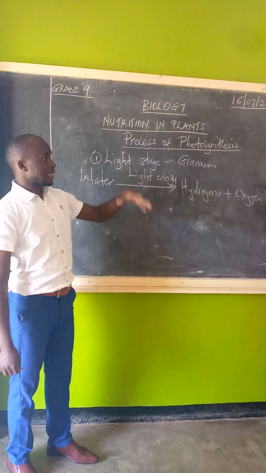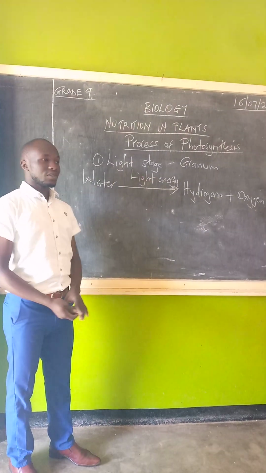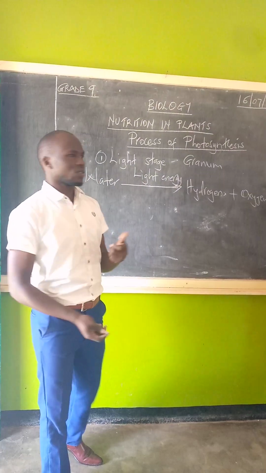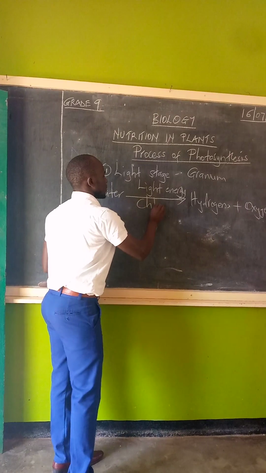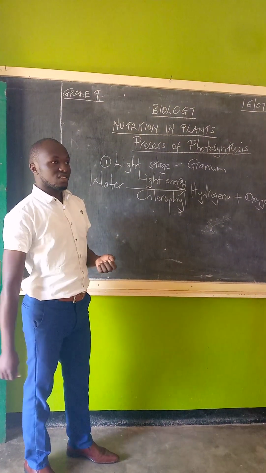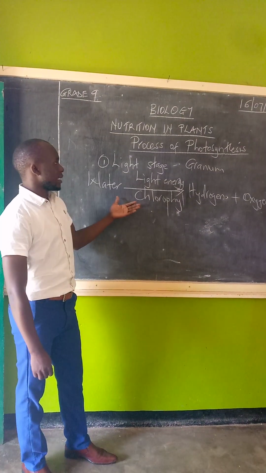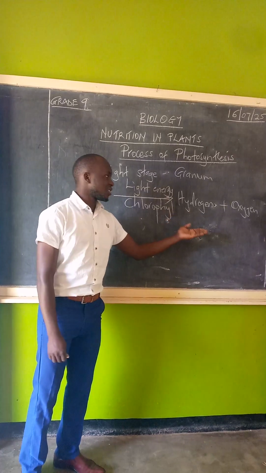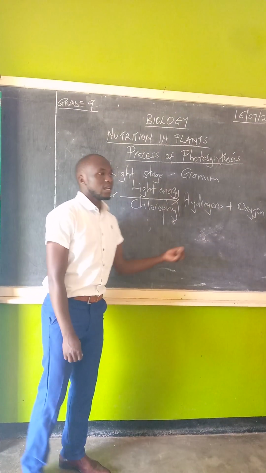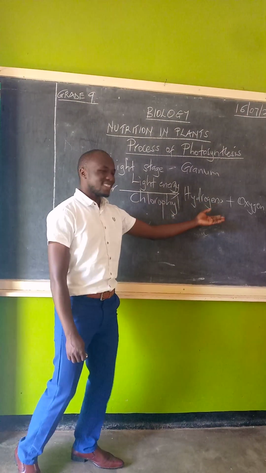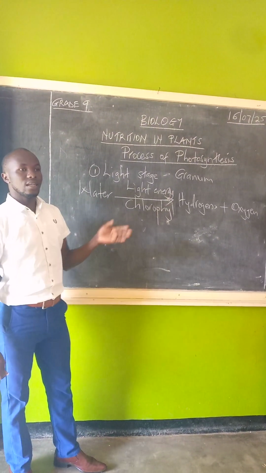So the light is trapped by the granum. The light is trapped by what is called the chlorophyll. Light energy is trapped by the chlorophyll, and that light energy is what is used to split water molecules into hydrogen and oxygen gas.